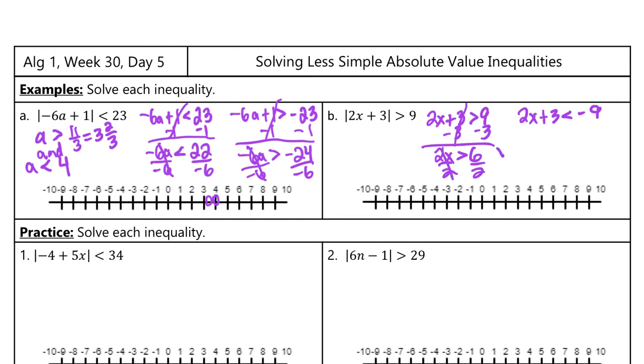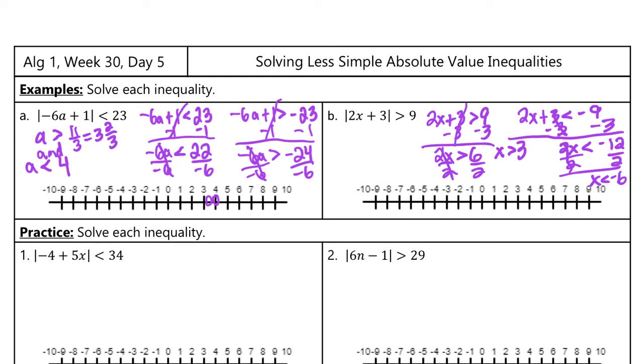So x is greater than 3. Then on this one, minus 3. Definitely be careful with your negatives because they're almost always tricky, or can be tricky. Negative 9 plus negative 3 is negative 12. Divide by 2. And x is less than negative 6.